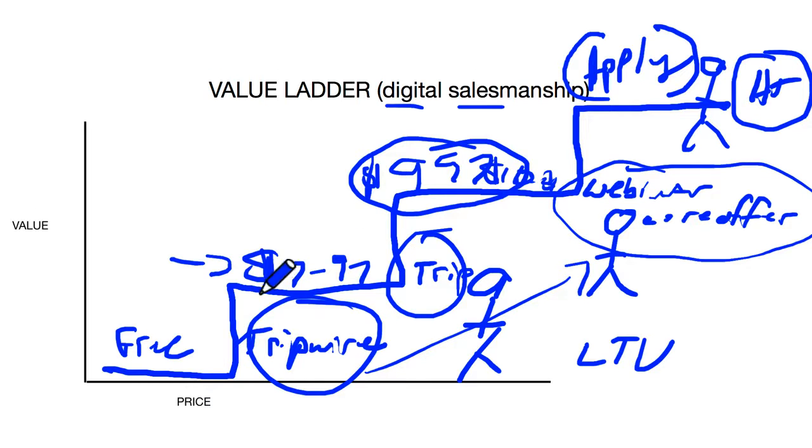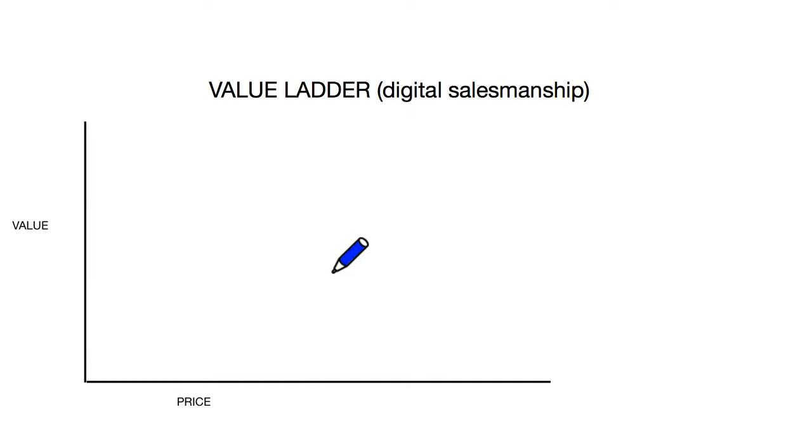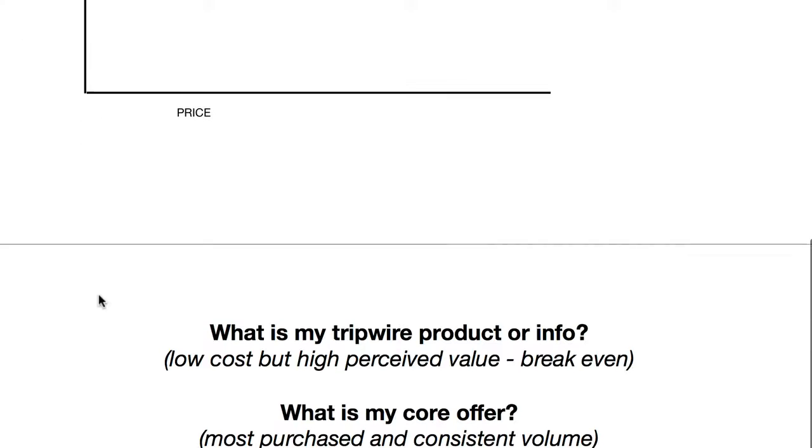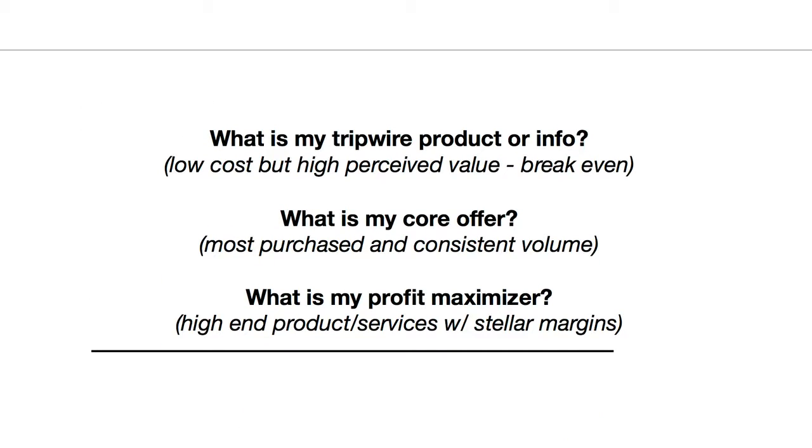Okay, so now that we have that brass tacks overview of what to offer, I want you to be thinking about this as your homework before we go forward. What is your tripwire product or info? What you want to think about is, what's low cost to your business but has a high perceived value to your customer.